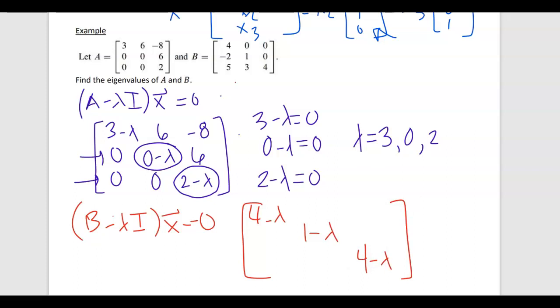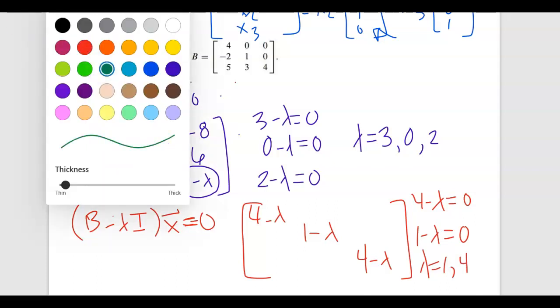Well, that's only going to be true if lambda minus 4 equals 0, which happens twice, and 1 minus lambda is 0. So that we don't have an inconsistent system, we need those to be 0 there. So lambda equals 1, 4 would be my answers.